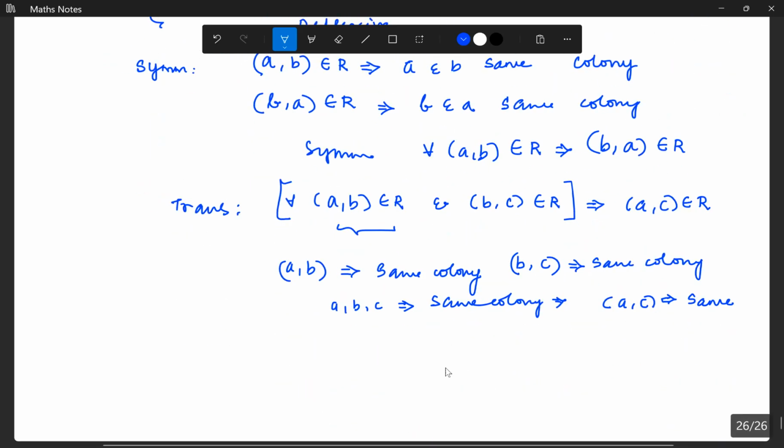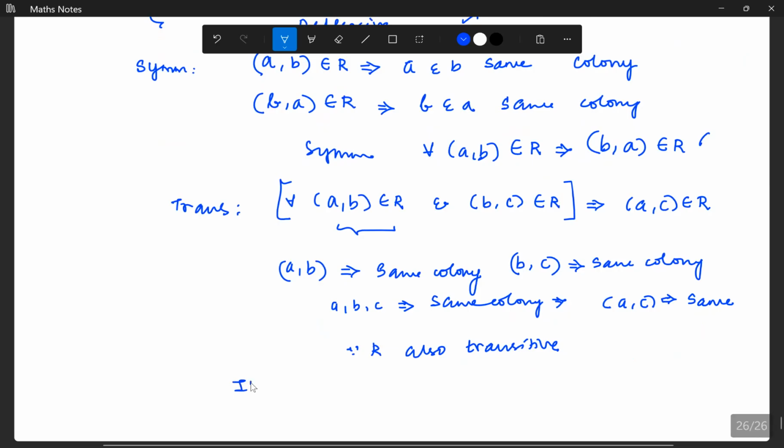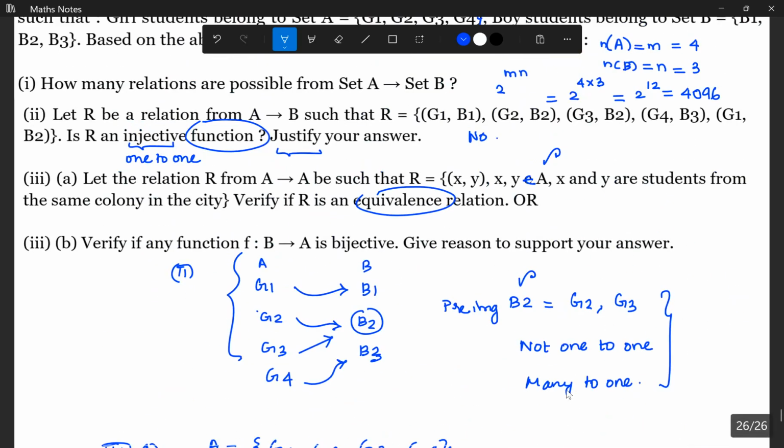That is why we can say that the relation is also transitive. The relation has satisfied reflexive, it has satisfied symmetric, it has satisfied transitive, so it is an equivalence relation. Okay, on to the next question.